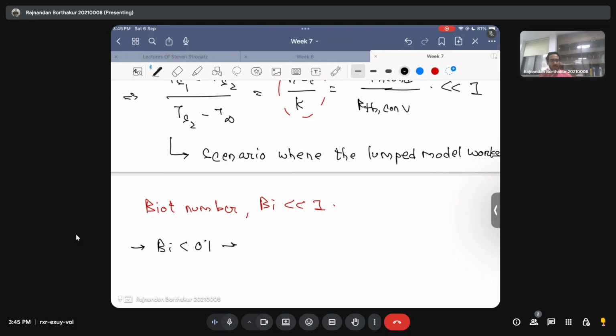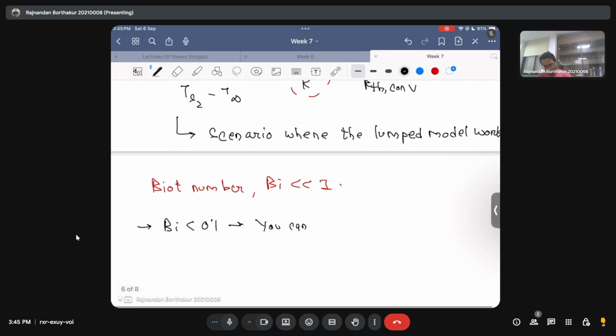Okay, so for all cases where your Biot number is less than 0.1, you can use the lumped capacitance model.